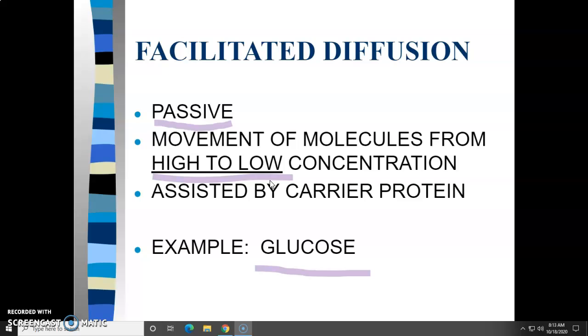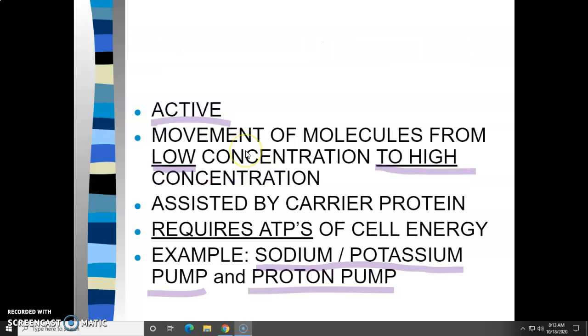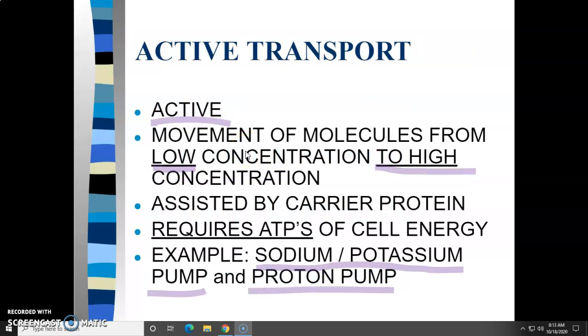Okay, the next one is facilitated diffusion. It is again passive, so that means it goes from high to low, but it does need a carrier protein. And an example of this is glucose. So it's a larger molecule, so it has to have some sort of carrier protein. And then we have active transport. And of course, by the very name, we know it's active. It goes from low to high, so it's going up that gradient.